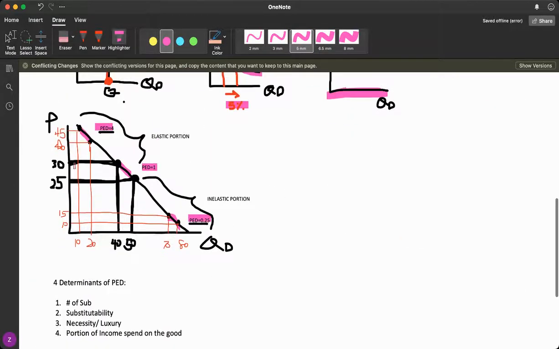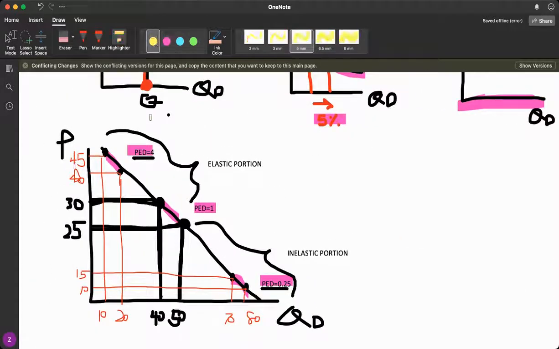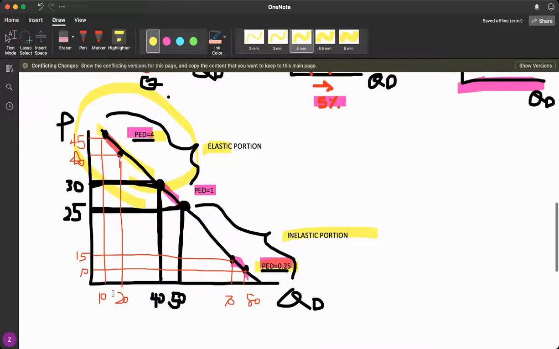At higher prices and lower quantities, demand is price elastic and the value is larger. When we move down, the value becomes smaller. This is because at this higher range, the percentage change in quantity, or change in quantity over quantity, is large, since the quantity, the denominator, is very small.